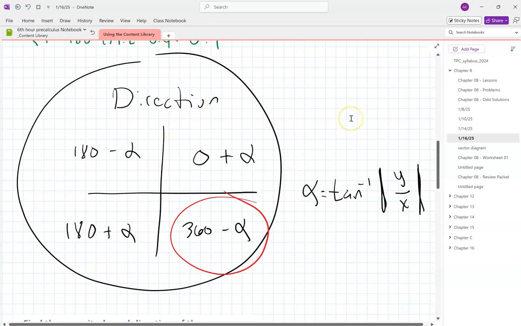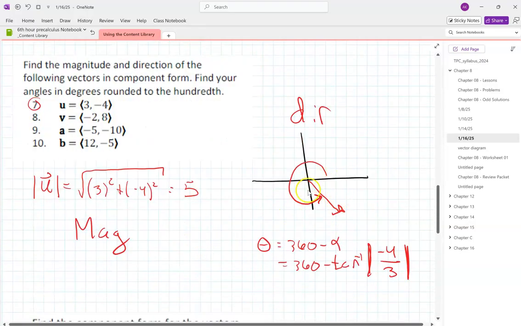It just depends on what quadrant your vector is in. If you're in quadrant 1, you just do 0 plus alpha. Quadrant 2 is 180 minus alpha. Quadrant 3 is 180 plus alpha. And quadrant 4 is 360 minus alpha. So on the previous problem, because my vector was in quadrant 4, I knew I should do 360 minus alpha. Does that feel good? Okay.